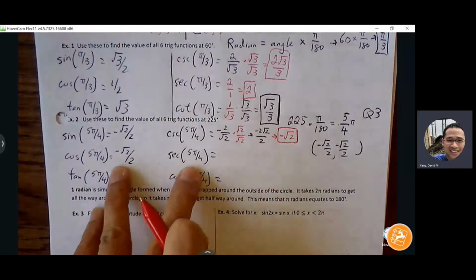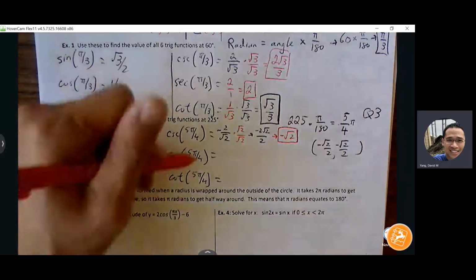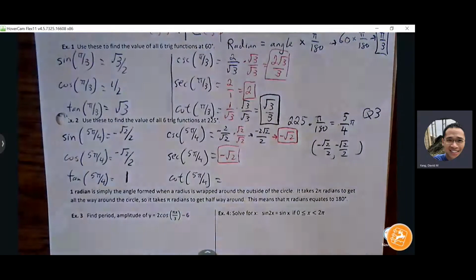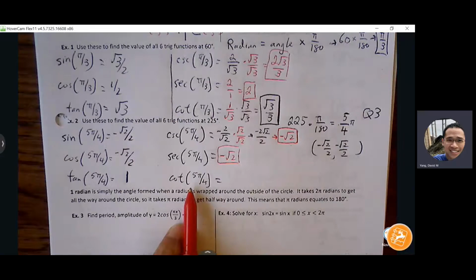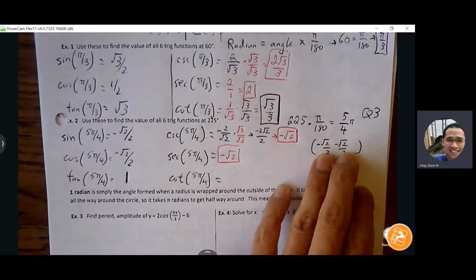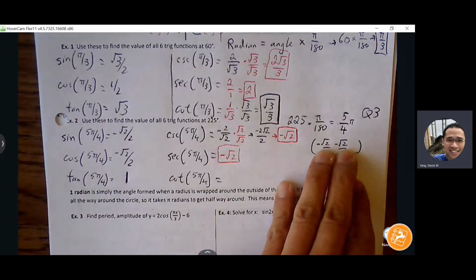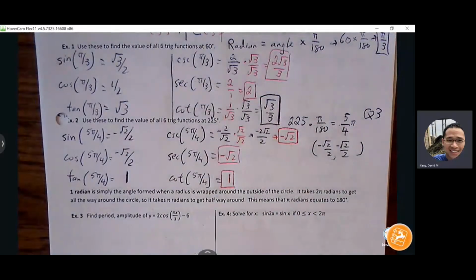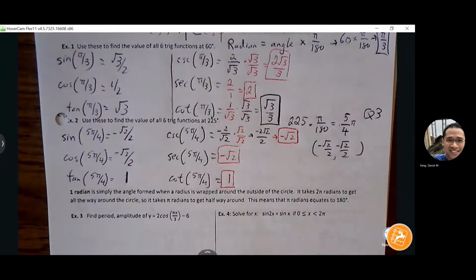Secant, same result as cosine here with sine. Cotangent, I can think of it as x over y, or just flip tangent, which is going to be the same, right? Just still 1. Okay, questions so far?